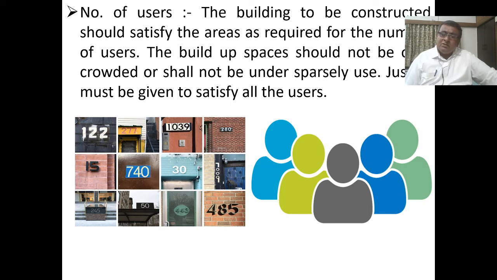So the building should be designed for 500 students only and not for 5 or 20 students. The spaces should not be overcrowded, so 500 students should safely exit from the school building, nor should they be sparsely used.